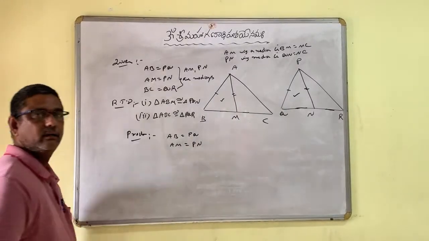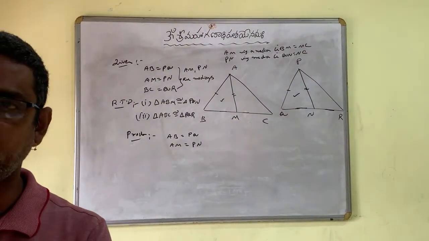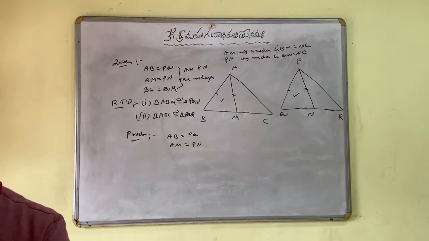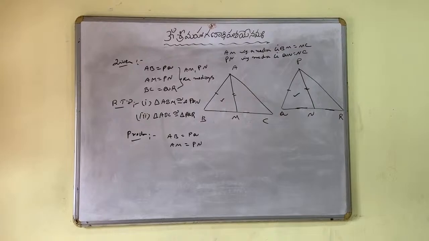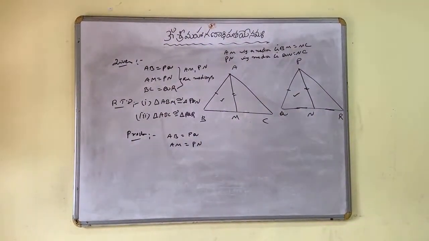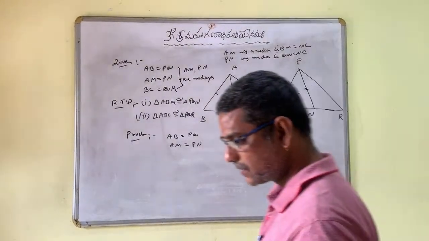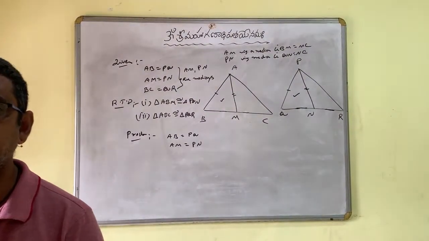What is the third part? I am able to write only two parts, and you are saying triple S. How does it become triple S?